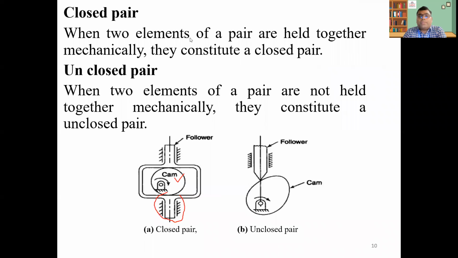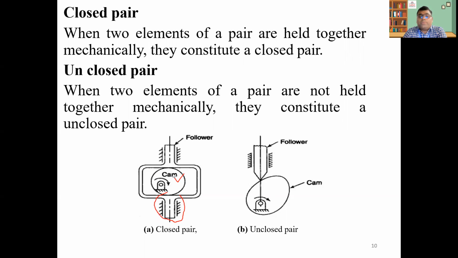And next is the category under mechanical constraint, and the first one is the closed pair. When two elements of the pair are held together mechanically, you can see in this diagram, a closed pair. Under the closed pair, you can see this cam here.